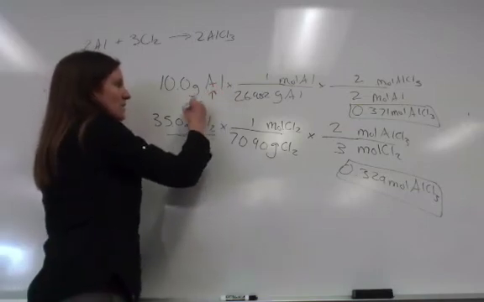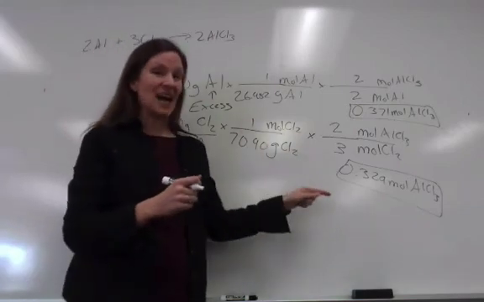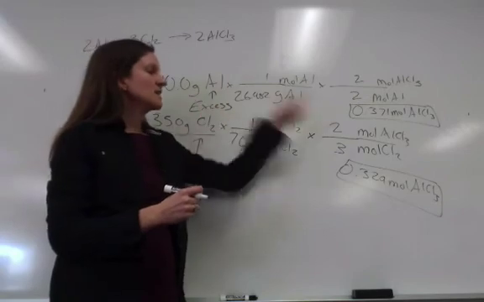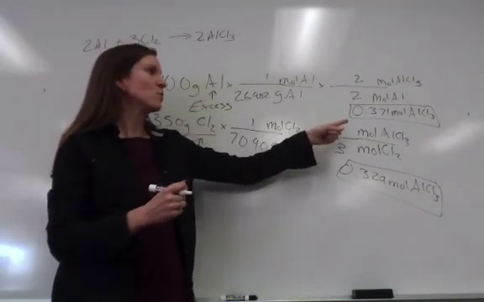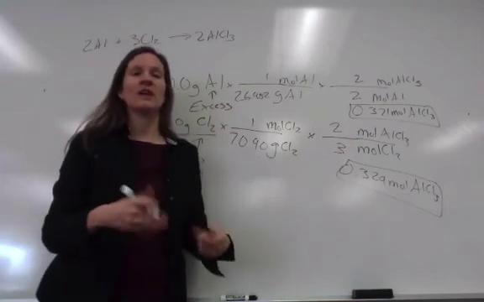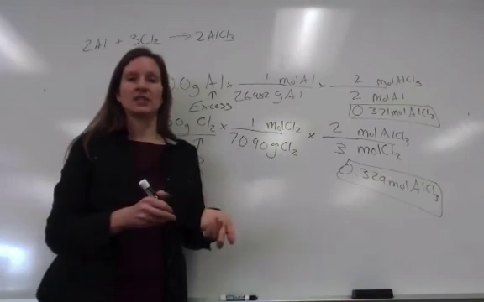And aluminum is our reactant that we have in excess. Meaning, once the reaction stops, I'll have only used the amount of aluminum needed to make 0.329 moles. 10 grams makes 0.371, but I'll only make 0.329. So I'll actually have some aluminum left over in my container once the reaction's done.